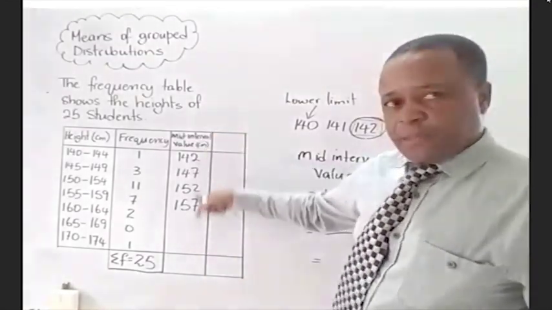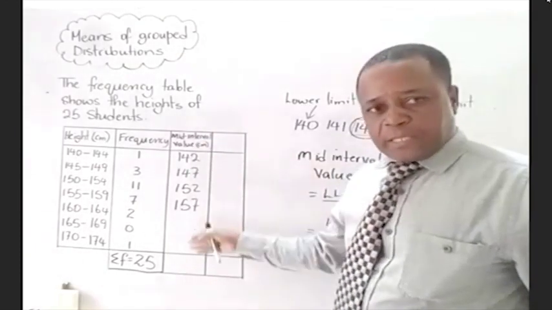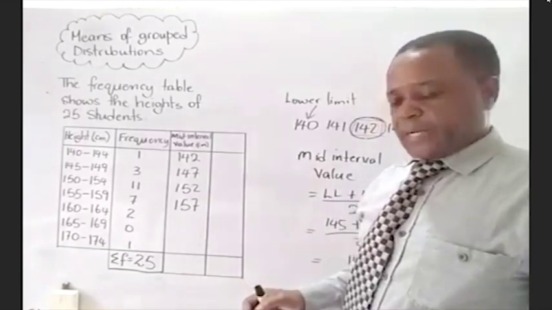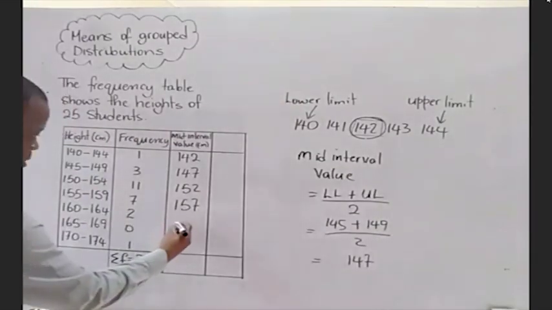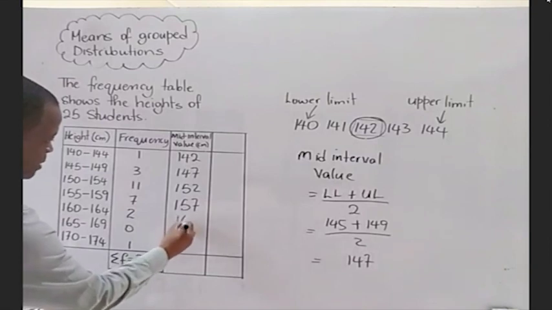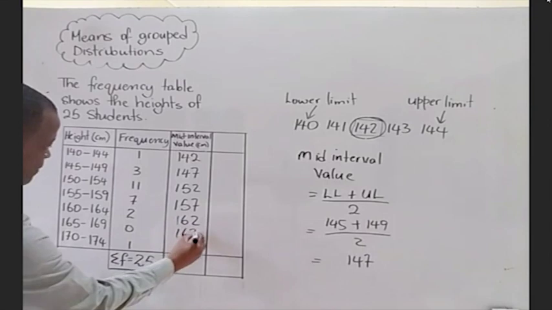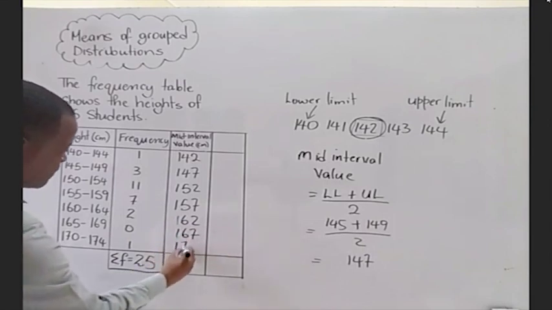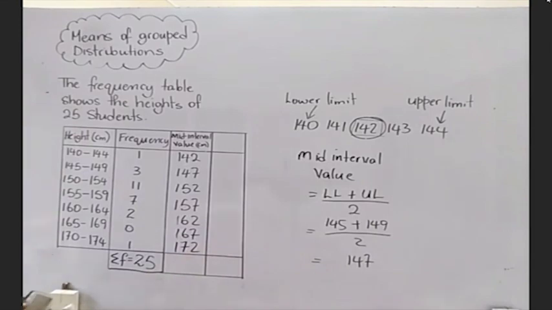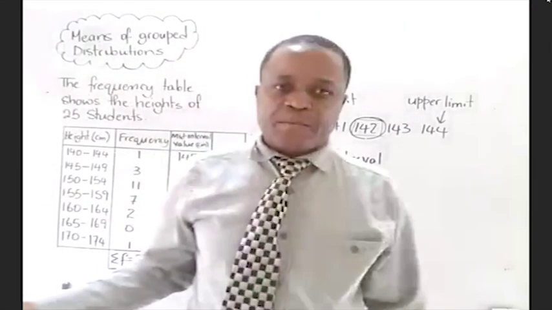So there's a pattern that we picked up early, and we can just easily go through with that pattern. If I add 5 here, it is going to give me 162. 5 more would give me 167. And then this would have been 172.